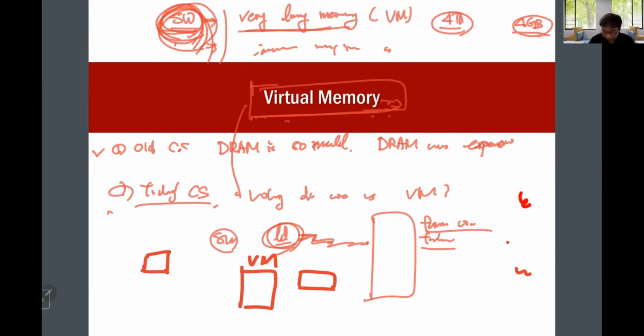So when software is designed, the software engineer assumes that the target computer system has very large memory, and also enough computing cores, okay?